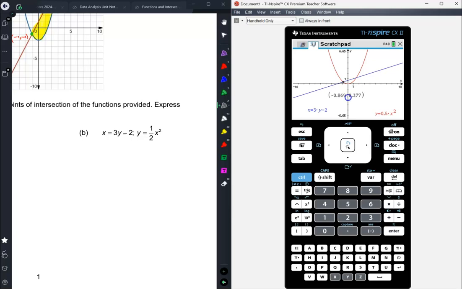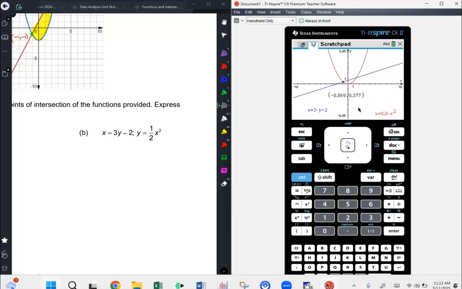Okay, so it is negative 0.869, 0.377. Okay, and then go ahead and find the other one as well, but don't call out the answer just yet.